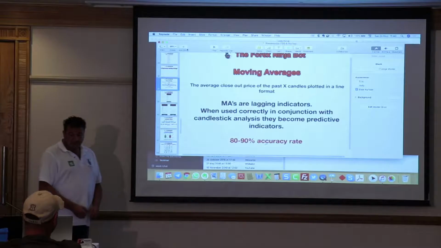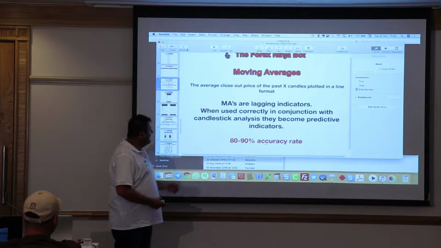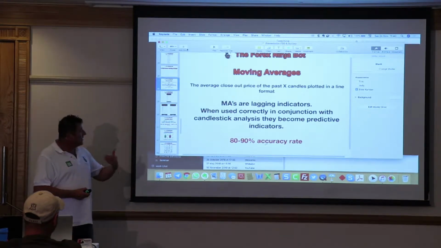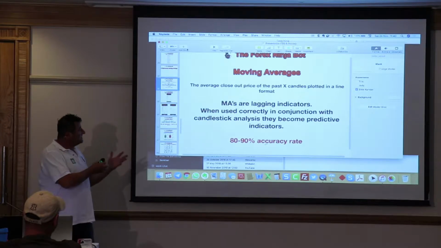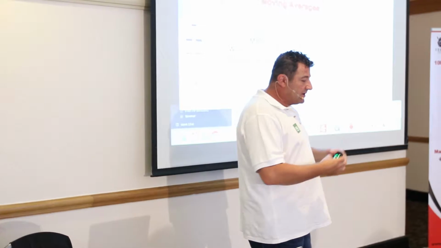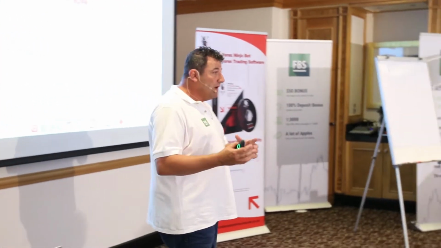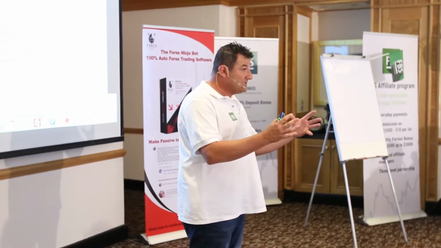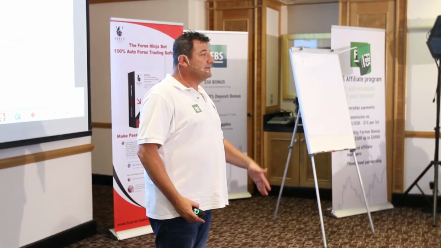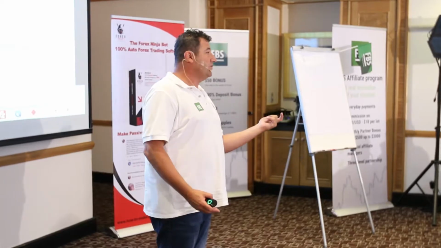Cool. Okay, so what is a moving average? A moving average is basically the average closeout price of the past X amount of candles plotted on a line. So if we're looking at a 200 moving average, they take the closeout price of the last 200 candles, add up all the closing prices, and then divide by 200, and that's going to give you a number.